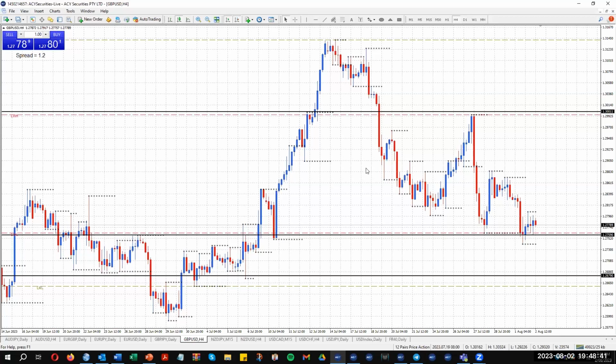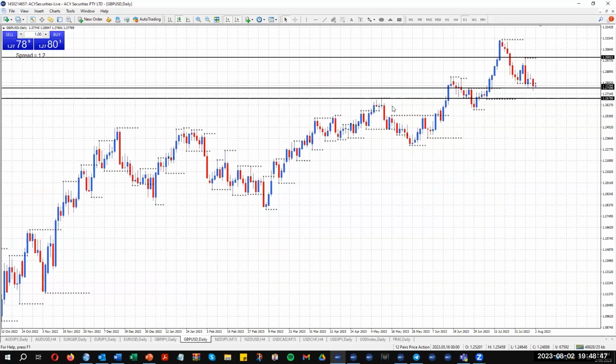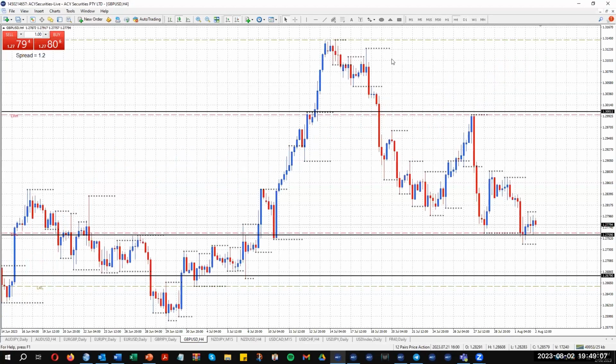Now, just in reference to this area where we had this very impulsive move up, back to the day chart, as we're into the new month, where are we at? Where's price right now? Where we started to break out and have a very impulsive move up last month, where we potentially had some form of imbalance form.